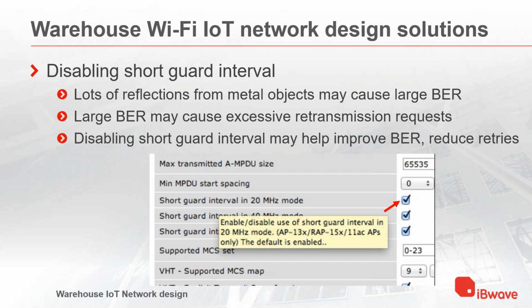Disabling short guard interval may help improve BER and reduce retries. Here I gave you a screenshot of how it can be done at one particular AP. Enabling and disabling of short guard interval is shown here.